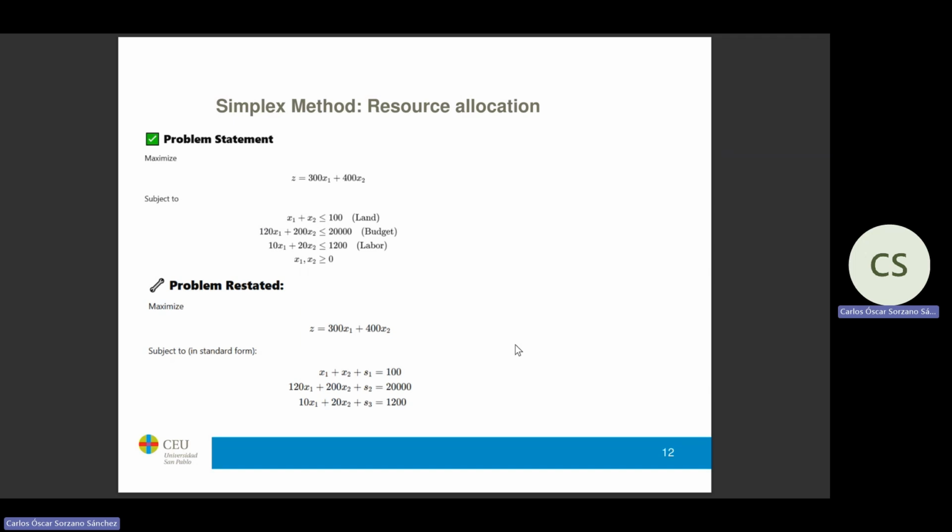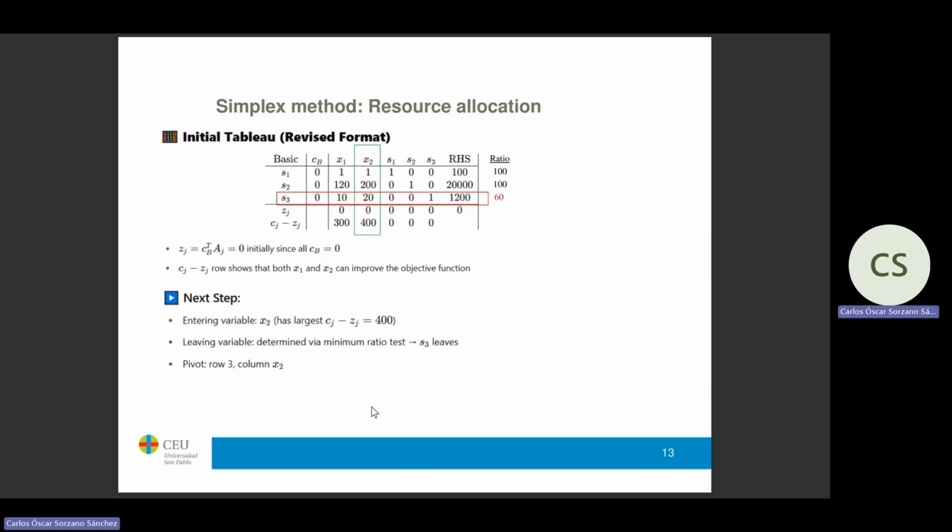Okay, so first step is to put the slack variables to turn the inequality constraints into equality constraints. So we add the slack variables and we start with the tableau. As we said, the first basis will be the constraints.